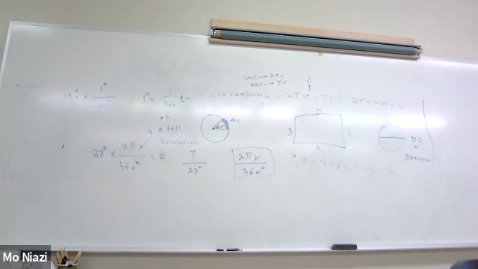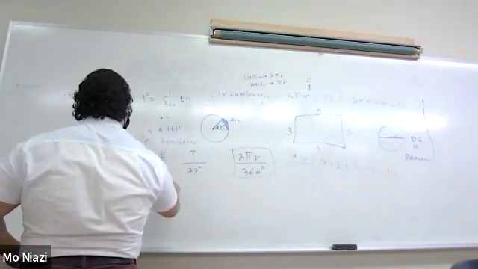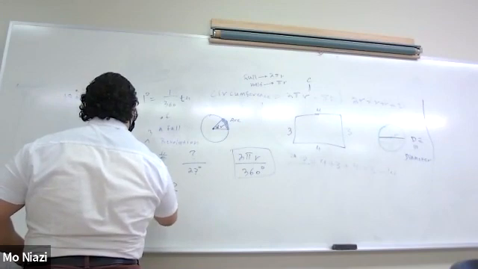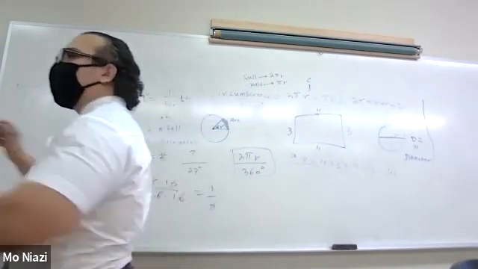So 60 over 360 can simplify. Yeah, it's 1/6.